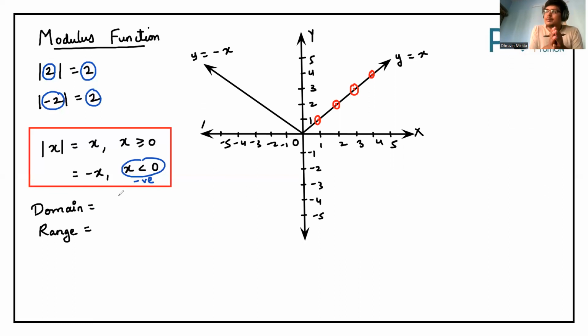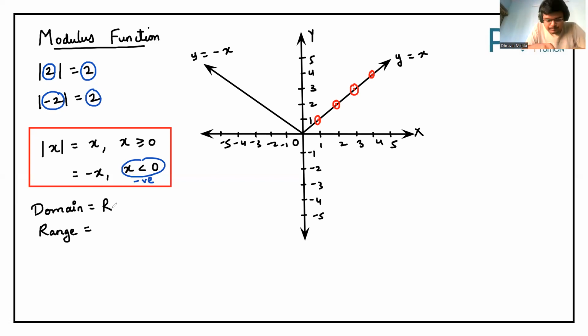In general, for modulus function, you have to tell me, is there any value of x for which the modulus answer is going to be not defined? Nice. So if there is no value of x for which it is not defined, it means domain is all real numbers.